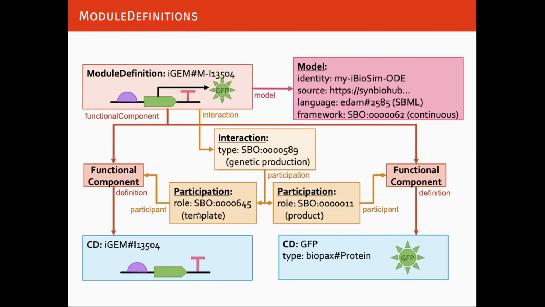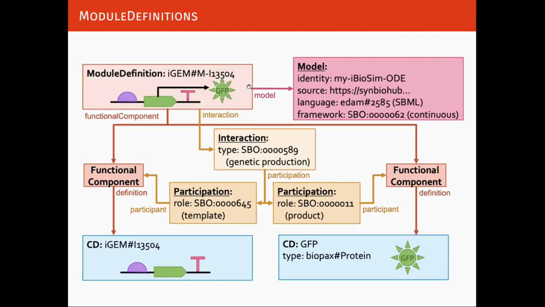One participant is the template, which is this object over here, which is telling you basically instructions for building this protein. This is using something called the Systems Biology Ontology to express these terms. And then my second participant is the product, which is this protein that's being produced. So together, this interaction expresses the relationship: this DNA circuit produces this protein, GFP.